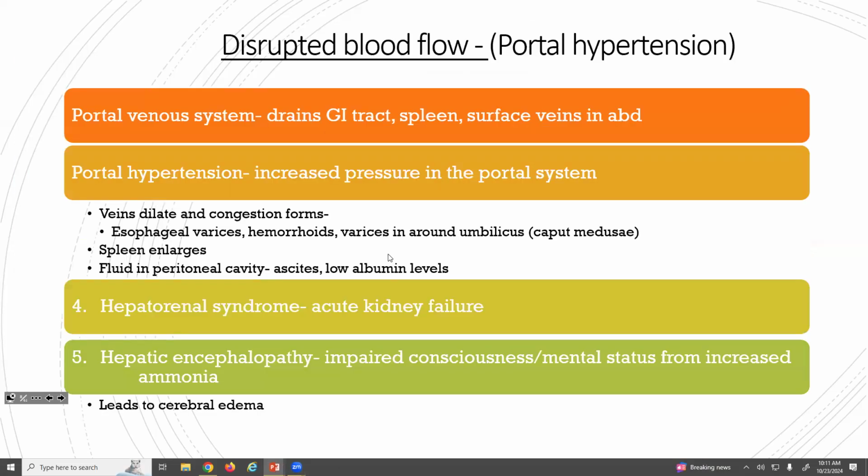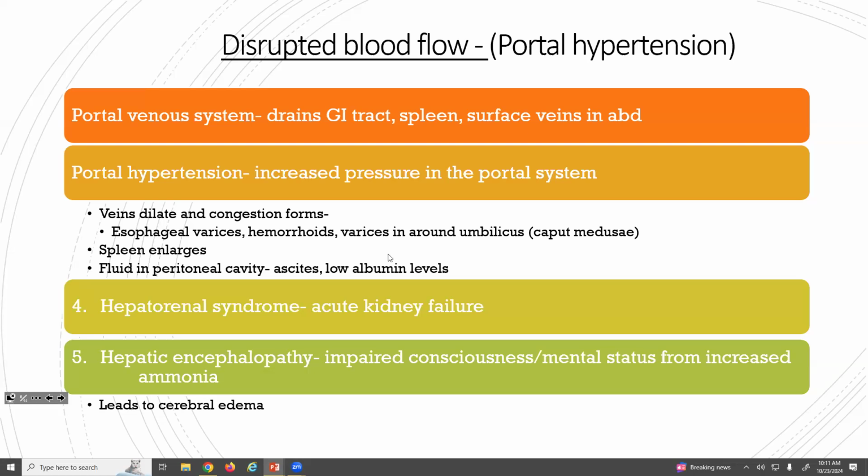Disrupted blood flow. So we term this typically by your portal hypertension, and we're going to spend quite a bit of time on this. So your portal venous system, we use that to drain your GI tract, spleen, and those surface veins within the abdomen. Okay.